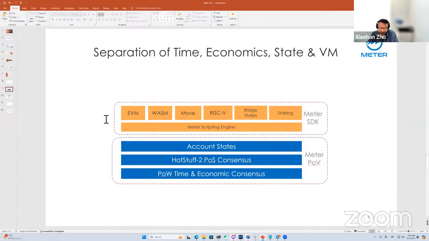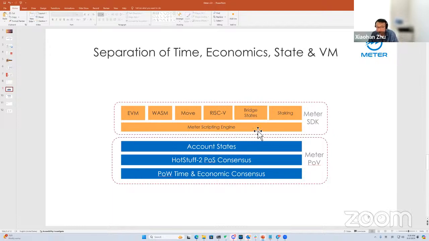So basically, for the architecture of the Meter blockchain, we try to design a layered approach. The consensus layer is at the bottom, and on top of that is the state of all the users' accounts, basically the underlying states for the EVM. And then we have a Meter scripting engine.